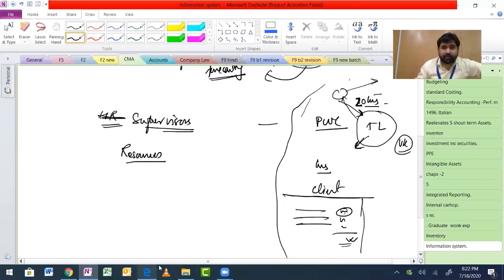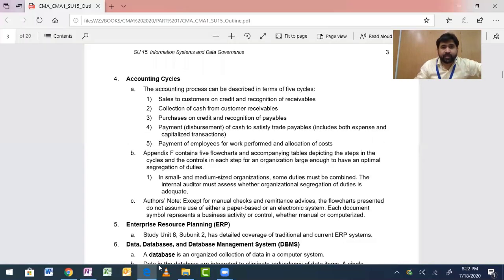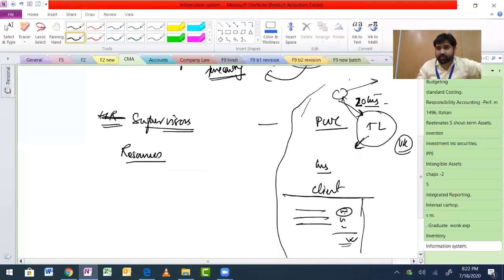Back to the accounting cycles we were discussing. We were talking about allocation of cost. This is how the cost is segregated: how is this cost made up, how did you come to this number?